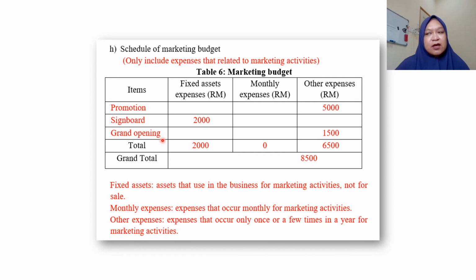Buying raw material is not included in the marketing budget; it is included in the operation. Also the wages or salary of the marketing people, I don't want you to insert here. We will insert those in the admin budget. For the marketing budget, only marketing activities such as these.